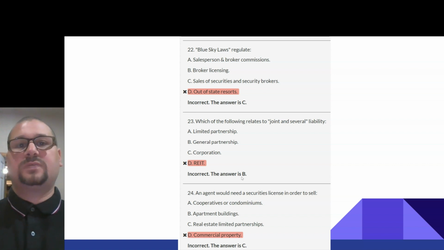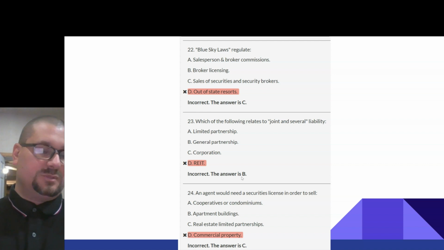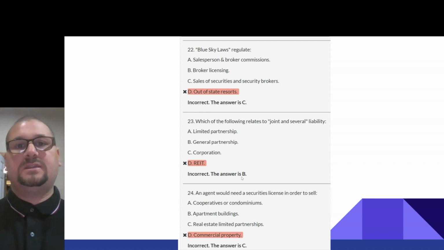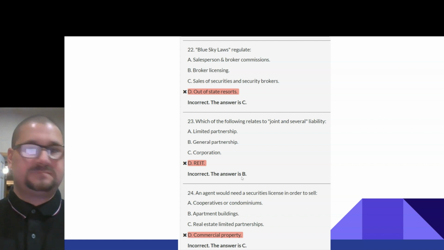So do blue sky laws regulate salesperson and broker commissions? No. Broker licenses? No. Out of state resorts? No. Blue sky laws, think of securities.